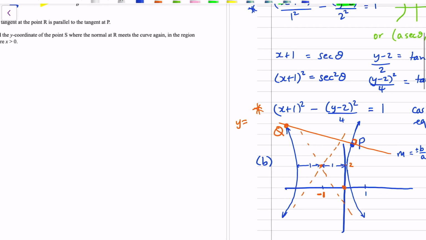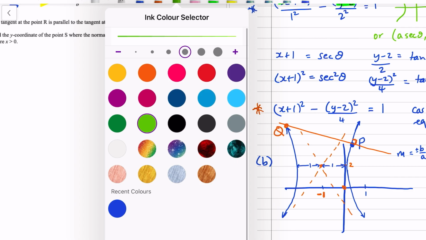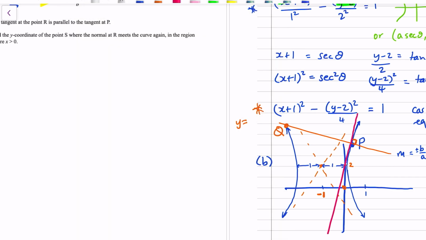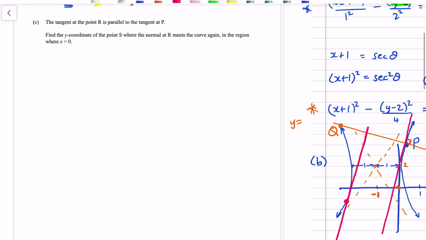The tangent at the point R is parallel to the tangent at P. Now I never drew a tangent at P, and because I was only focusing on a normal, it's going to look something like that. And then there's another point on the curve where that tangent is parallel. It's going to be on the other side of the curve there, somewhere down here, R.